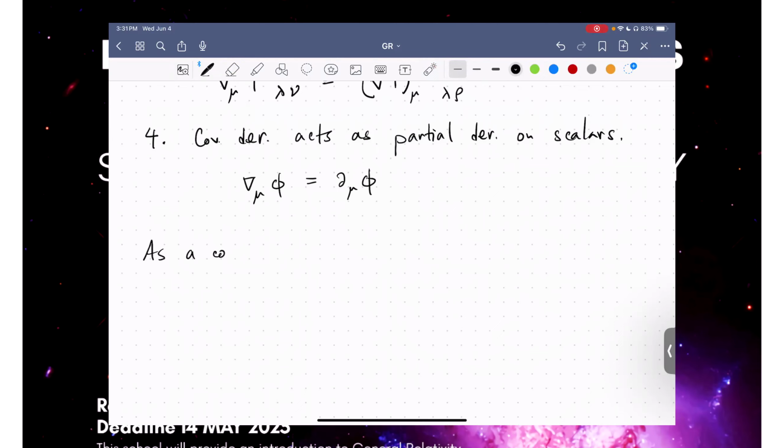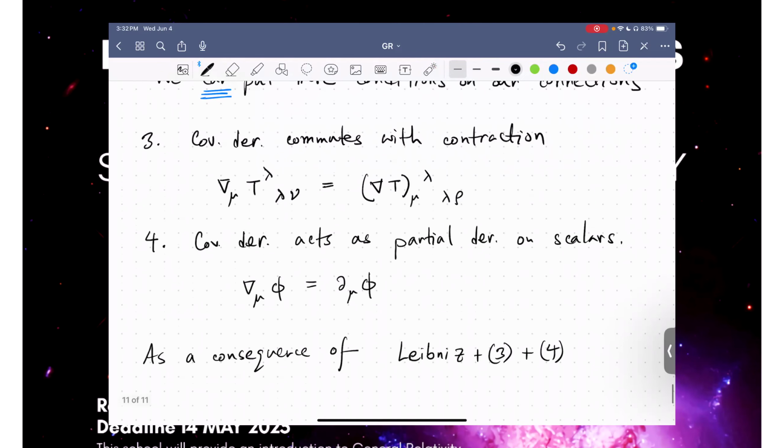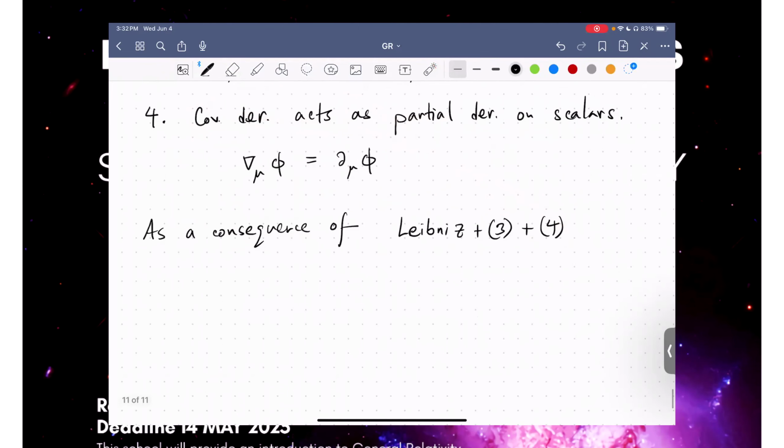We'll write it down. As a consequence of Leibniz plus 3 plus 4, these 3 and 4, we get... okay.